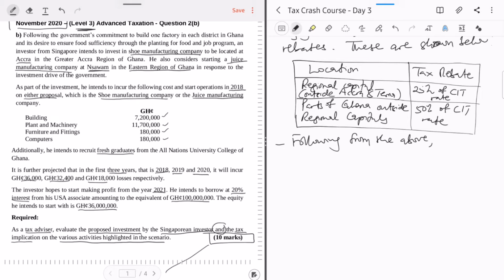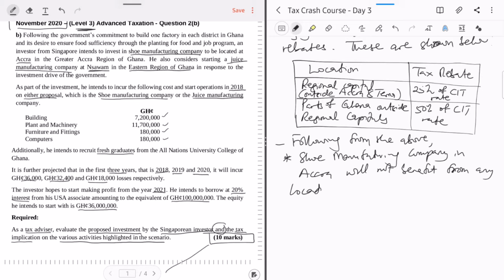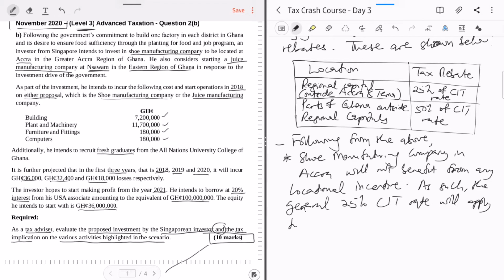So we'll say shoe manufacturing company in Accra will not benefit from any locational incentive. As such, the general 25% company income tax rate will apply to this entity.